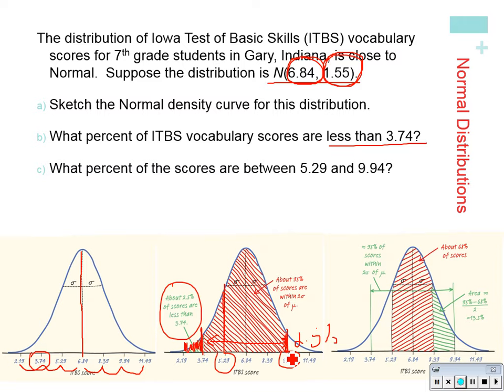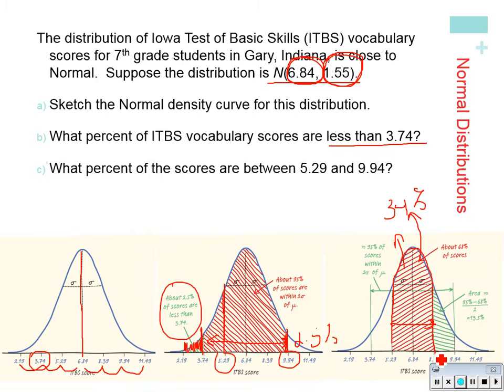One would be to say that if 68% of the data falls from here to here, that means each one of these sections would be 34%. So this would be 34%, and this section here would also be 34%. So 68% covers this area right here.